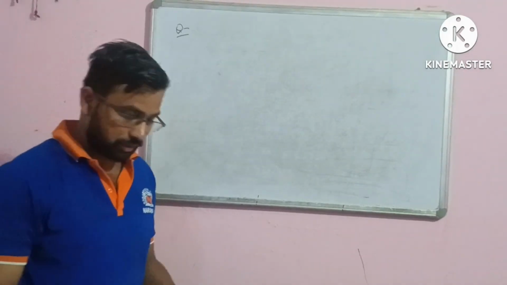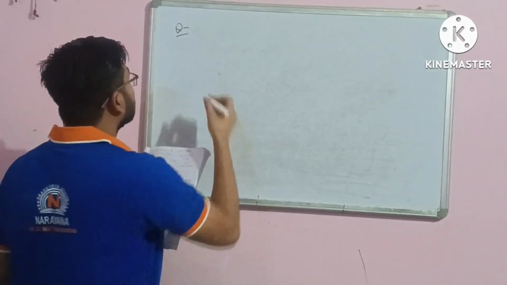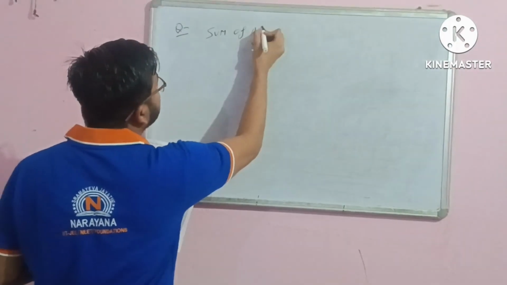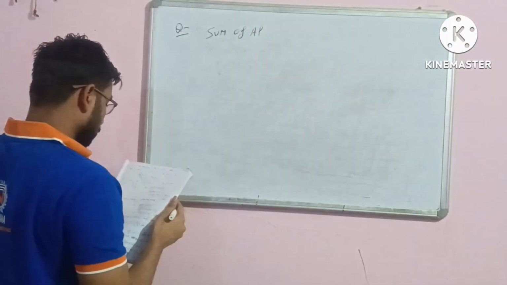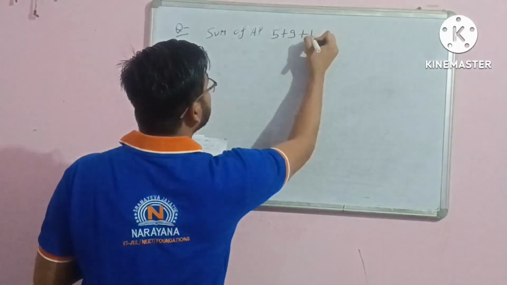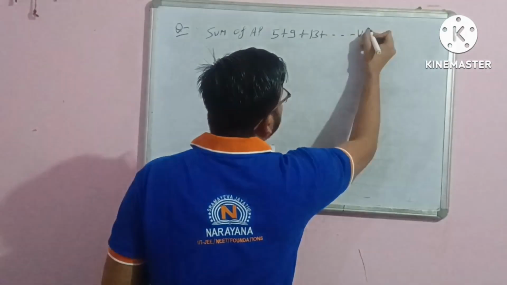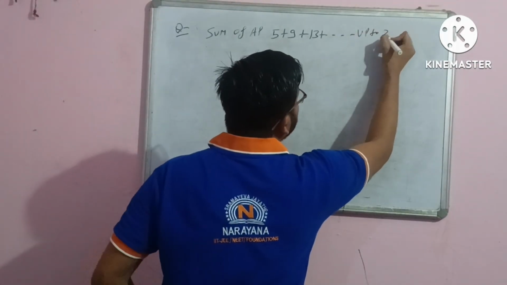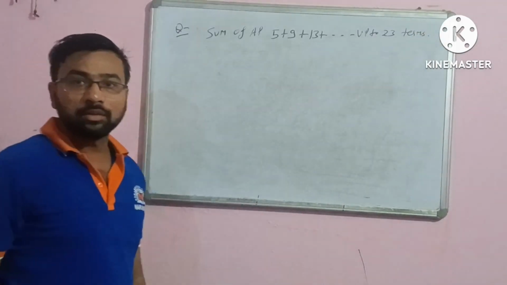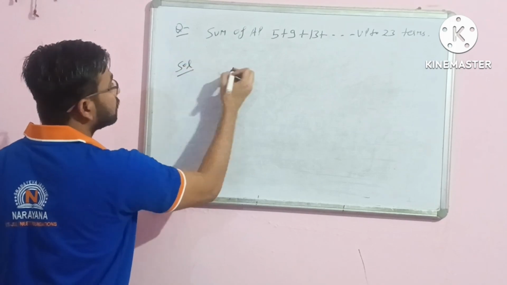Now we will solve the next question. The next question is about the sum of an AP: 5 plus 9 plus 13 plus up to 23 terms. We have to calculate the sum of these 23 terms. And what is the formula to calculate the sum?